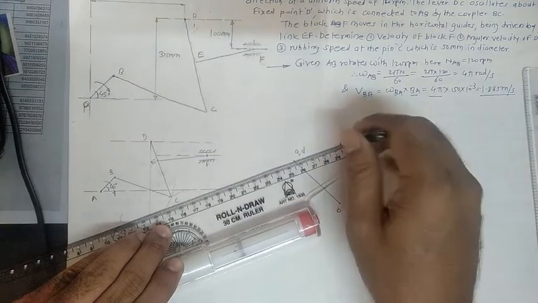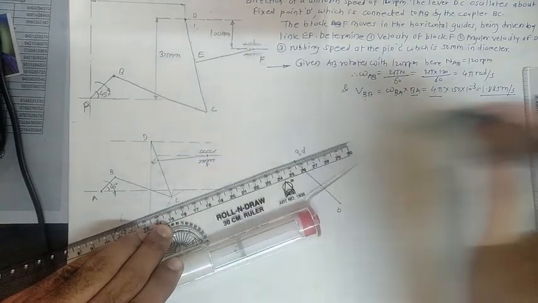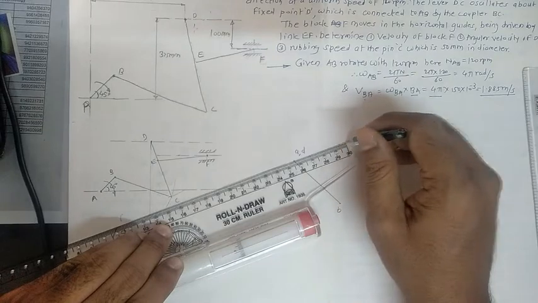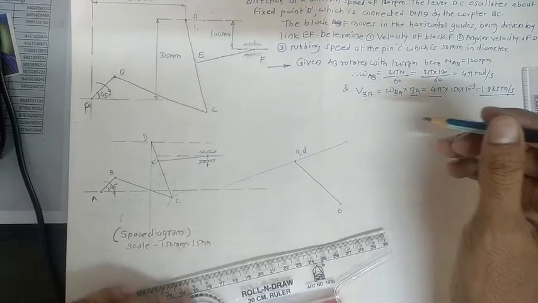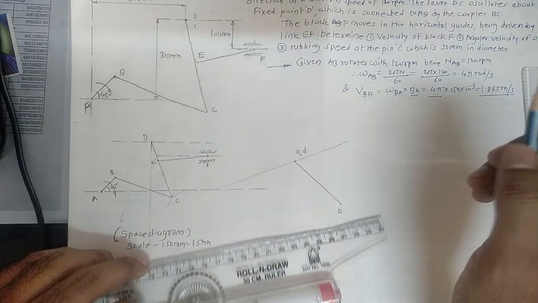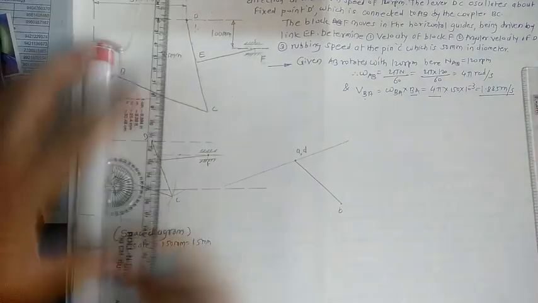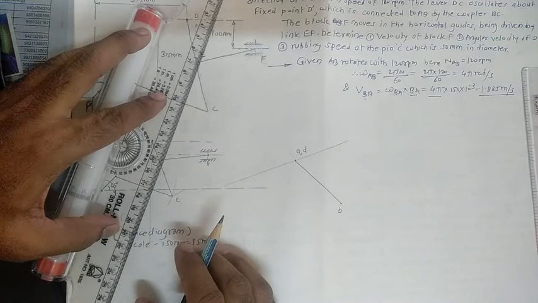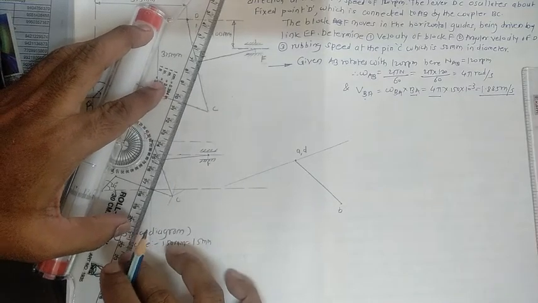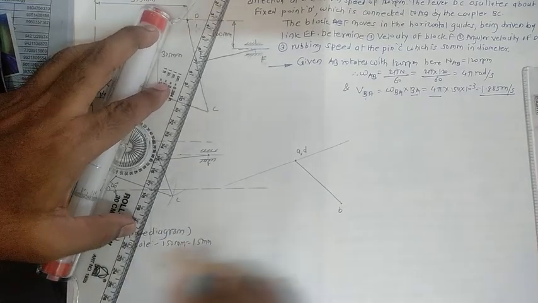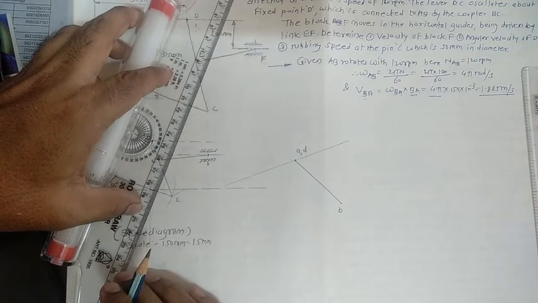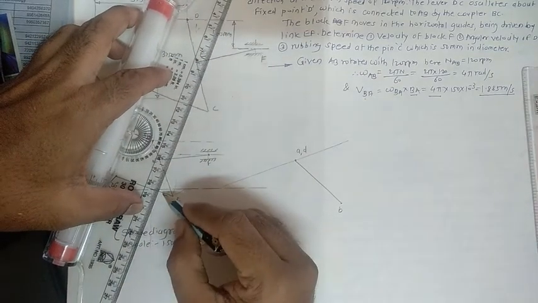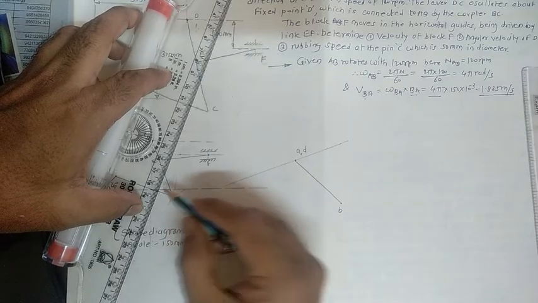Once this line is drawn, move towards the next one. We know the B point. Now with respect to this BC link, draw one line perpendicular to link BC.